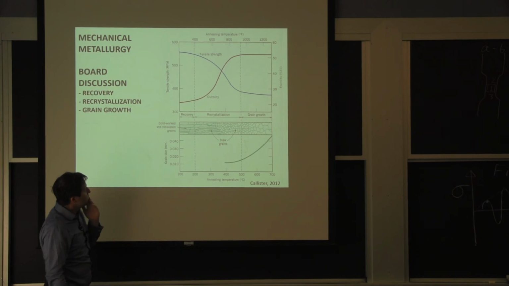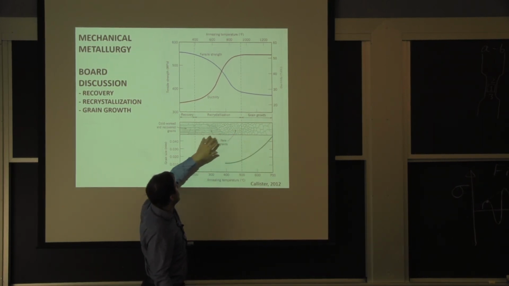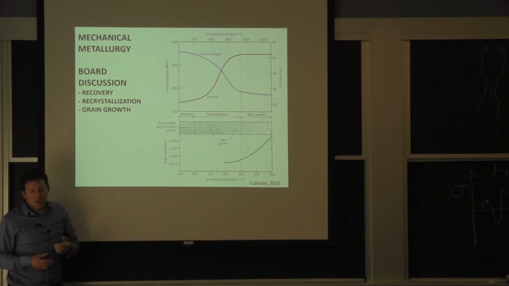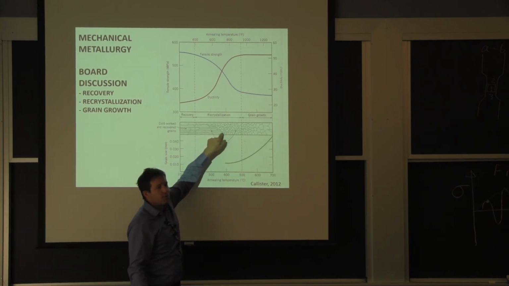When you continue doing that, eventually all these grains, if you look, are actually finer than these. You can do that if you have enough of the small nucleations of new grains.